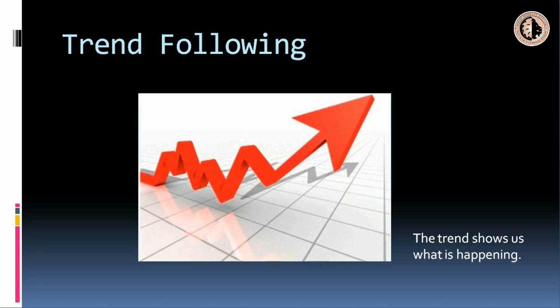Trend following, the trend shows us exactly what is happening. If you remember the fundamentals, when we were looking at the theoretical underpinning of this, everything is priced into the market. So in a sense, the price is a reflection of the sum total of all the participants in that particular market.